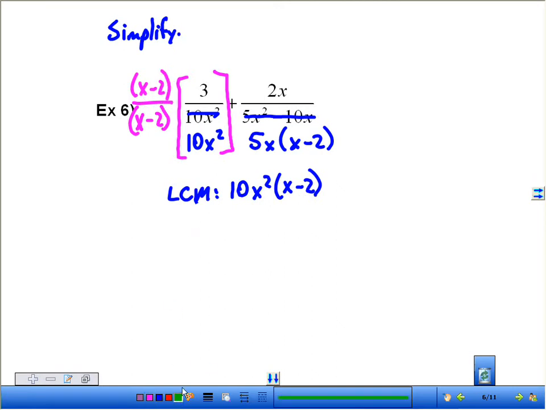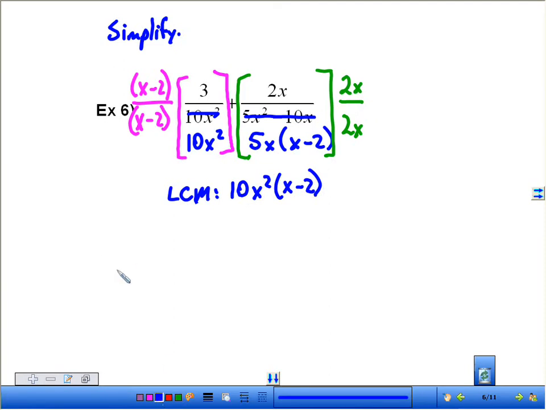All right, let's look at the other side. It has a 5x, but the LCM has a 10x squared. So I'm missing a 2x. So if I multiply the bottom by 2x to make the two denominators equal, then I'm going to multiply the top by 2x.